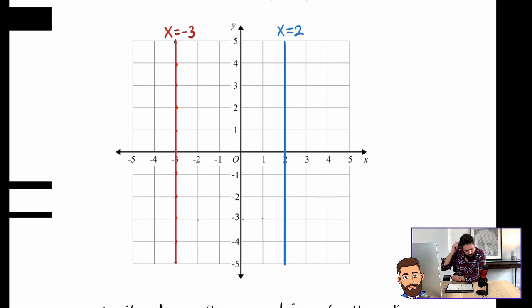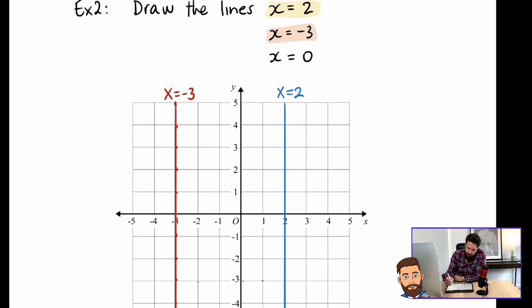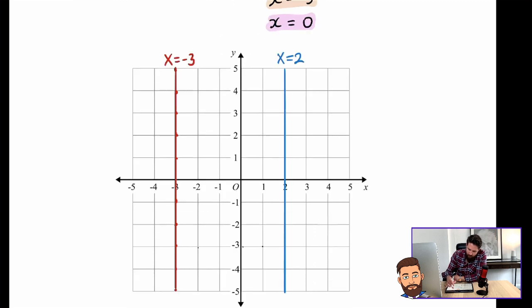But I'm going to tell you a mistake that a lot of students make after we have done x equals 0. So x equals 0. X equals 0 will be a line that goes through the x-axis at 0.